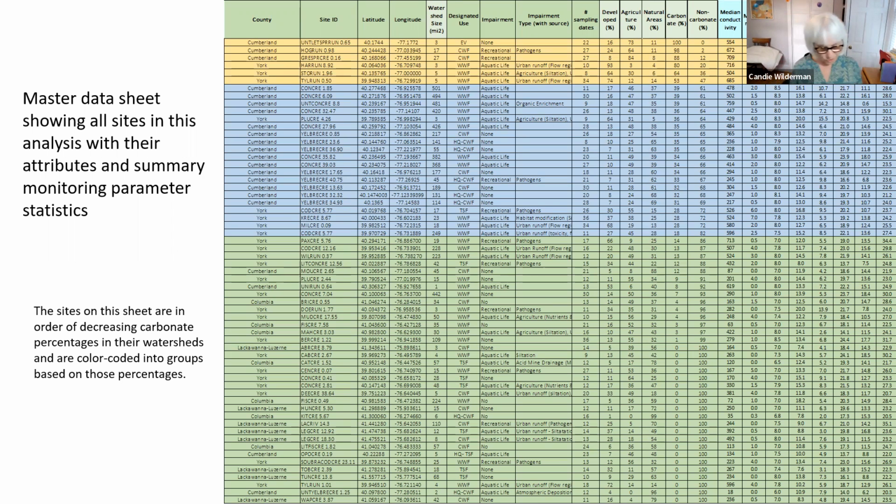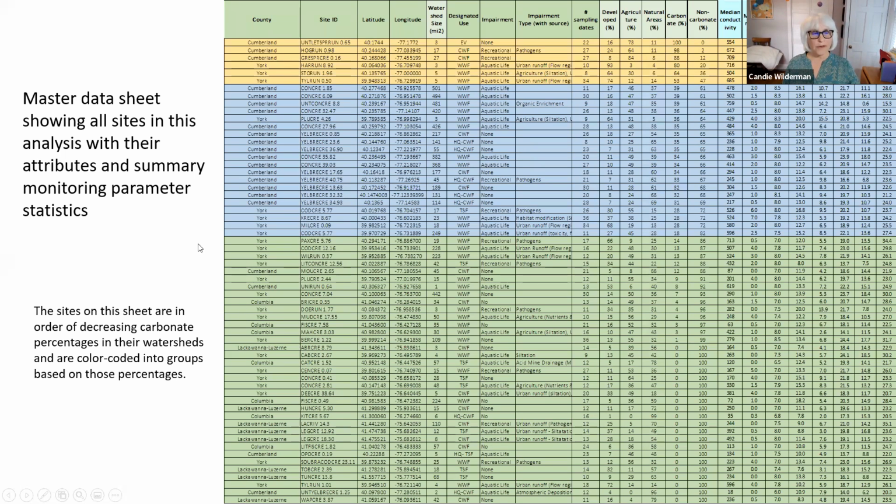Now, here's the master data sheet. I think it's just useful to look at this partly so you can appreciate the volume of data that you all are producing, and also so that you can understand how you can step back and, rather than looking at individual patterns, look at larger patterns and relationships between sites.